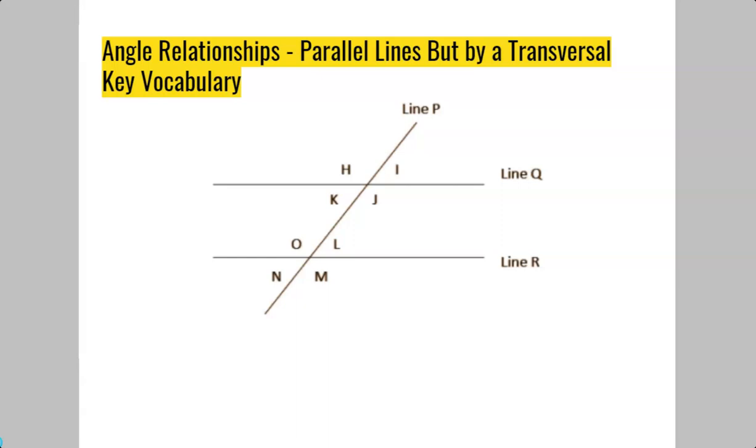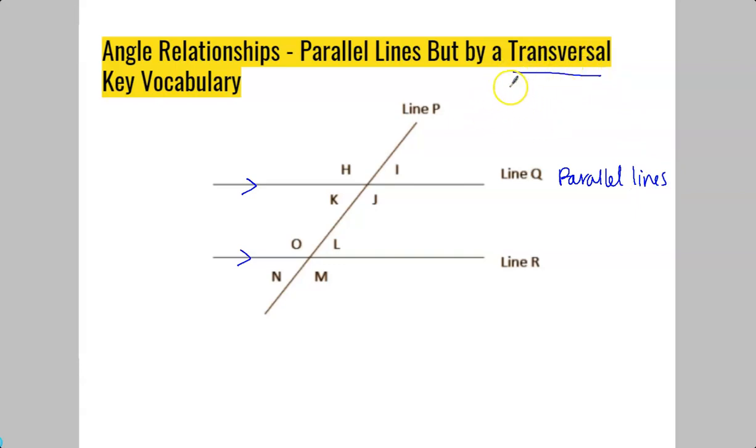So just some quick vocabulary that we need to be aware of. We're talking about parallel lines. Normally you can eyeball it, but many times you would have markings, little arrows here to show that these two lines are parallel. So Q and R, these are parallel lines. And then we get this idea of a transversal.